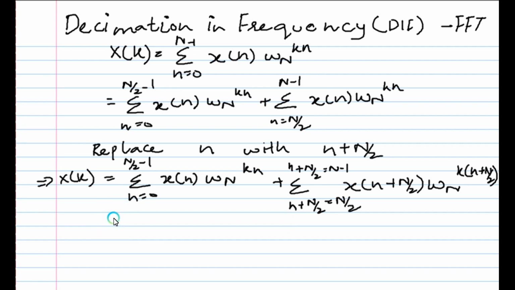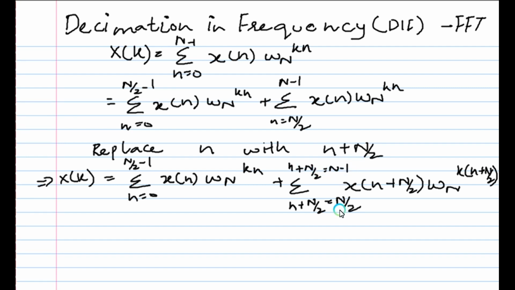Okay. So in this summation, in this limit, if I move N by 2 to this side, it becomes N by 2 minus N by 2 is equal to 0. Then it means n will be equivalent to 0. And on the upper limit, if I move N by 2 to this side, it becomes N by 2 minus 1. So n becomes equivalent to N by 2 minus 1.